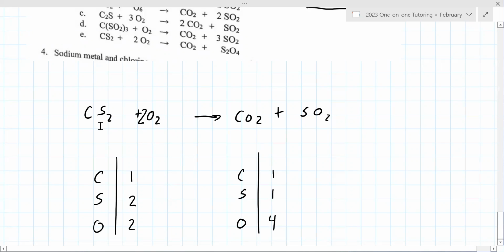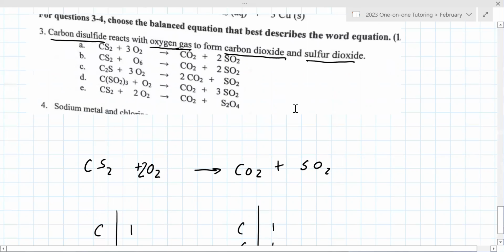And now you just need to get the sulfurs to line up. But the problem is if you put 2 there, that has to change the number. If you put 2 there, then the oxygen will turn to 4, turn into 6 on the right.